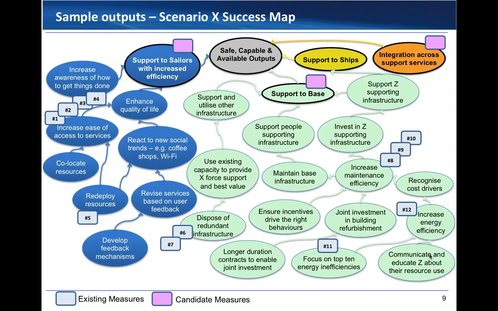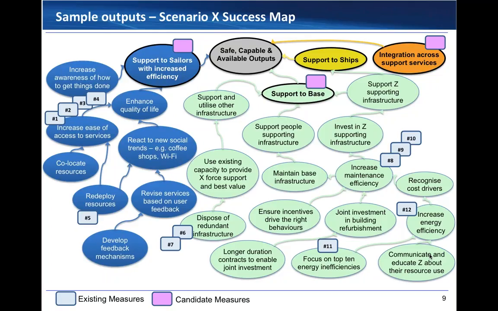And then the orange one, the integration across support services, is really a linking theme across the blue, the green and the yellow, and saying, are there things that we can do that might both enhance our ability to support sailors and to support the ship? So imagine use of technology and the way that technologies might be used to coordinate ships and sailors. There's all sorts of illustrations you can imagine beneath that. The bubbles in yellow and orange, there are other pages that break those down, but I'm not going to go into those.